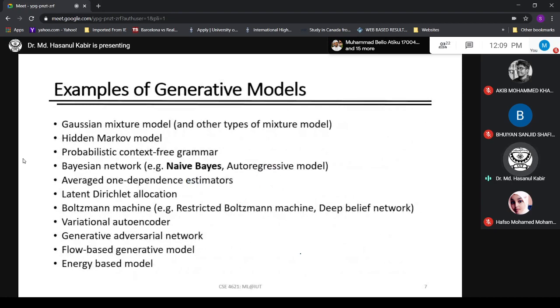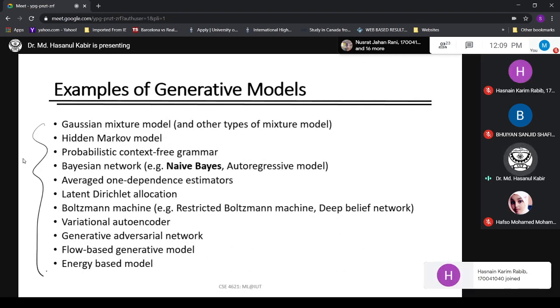Before going to the discriminative model, here I just listed some algorithms which fall under the domain of generative models. In this lecture, we'll be talking about the naive Bayes classifier. Just a list of names that I have given for you.